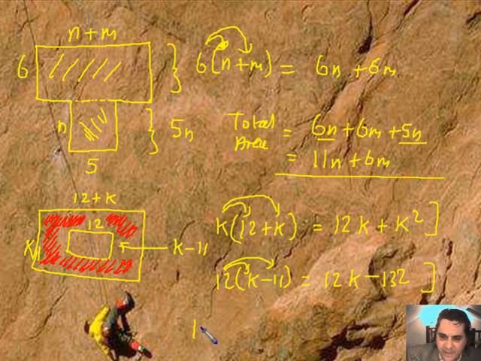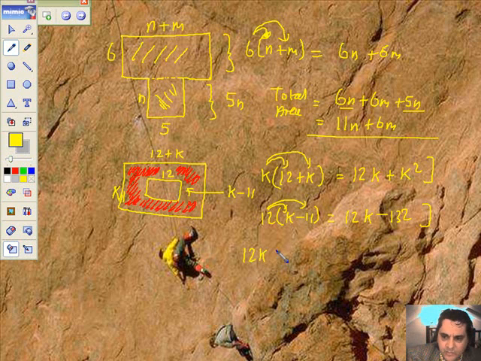So let's just write it underneath here. I've got 12k plus k squared. Then I've got to take away 12k minus 132. Now this is tricky, be careful. So far I've got 12k plus k squared. Now if I minus 12k, simply minus 12k.